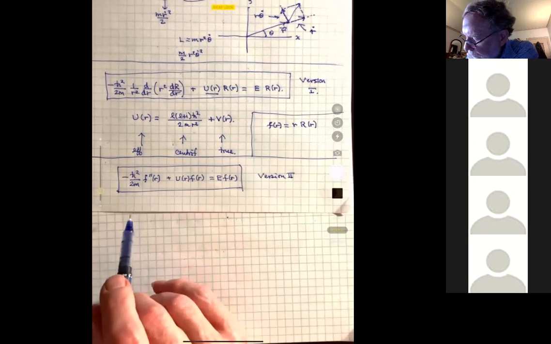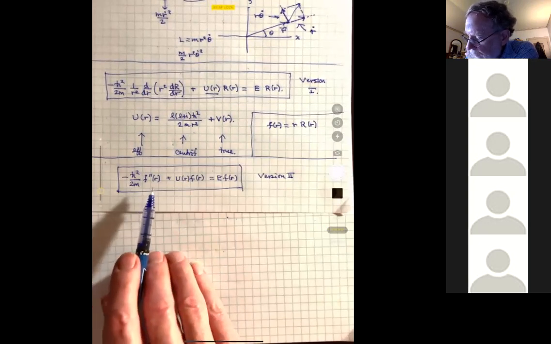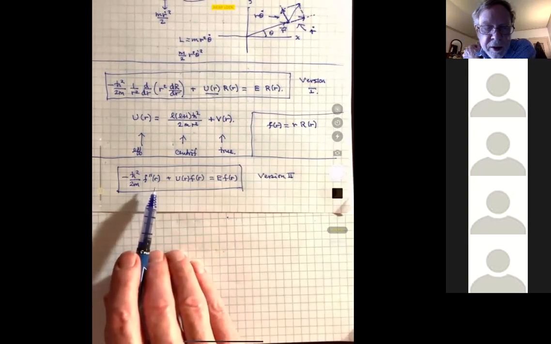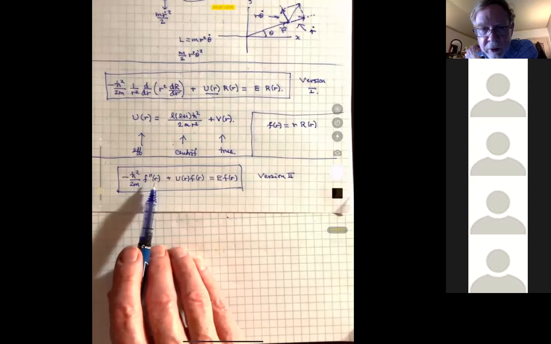The notable thing about version 2 of the radial Schrodinger equation is that it looks just like the one-dimensional Schrodinger equation, where you have a variable x that runs along the x-axis, except for a couple of small differences. One is that the variable r only goes from 0 to infinity, whereas x usually goes from minus infinity to plus infinity.